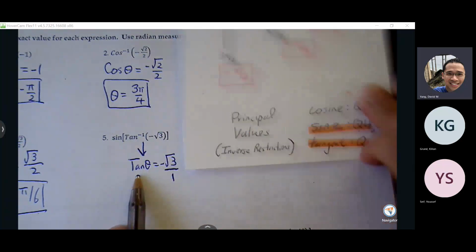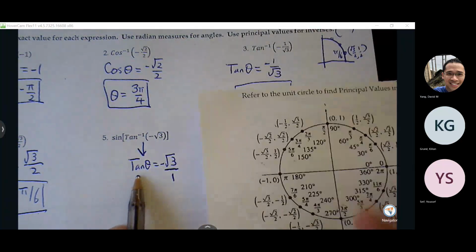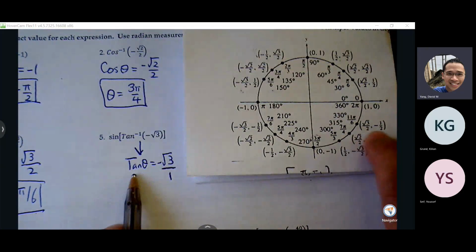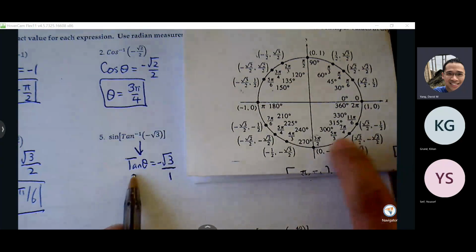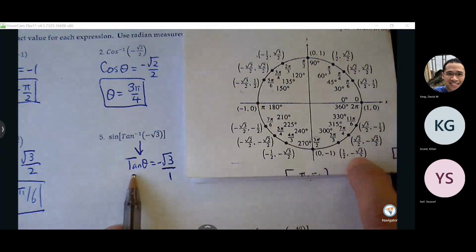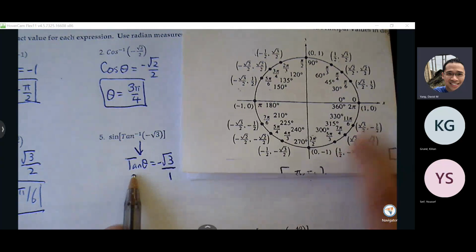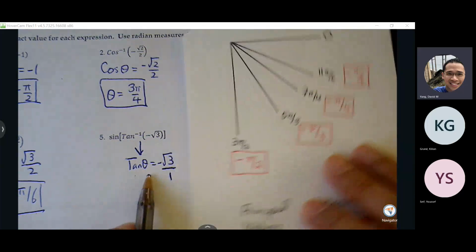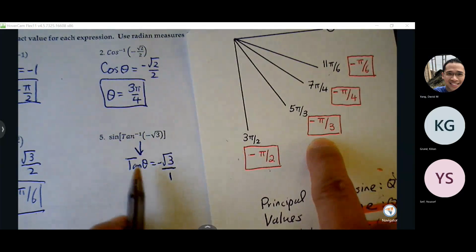And inverse tangent is -√3, y/x. So it's going to be in that π/3 family here. Negative y/x, -√3/1. However, we can't say 5π/3. We have to say -π/3.